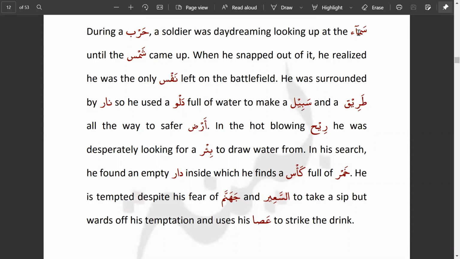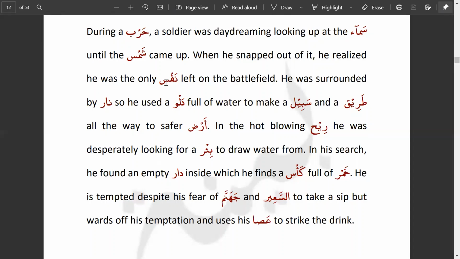The same way is sama, sky, natural objects. These are also feminine. Sama, ard, both. Ard means earth, also feminine. And shams, sun, is feminine.